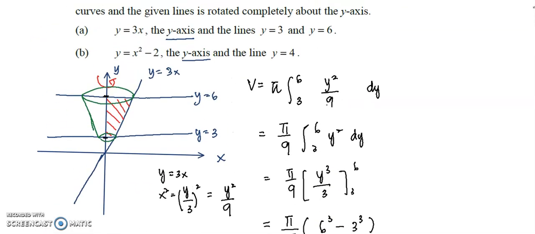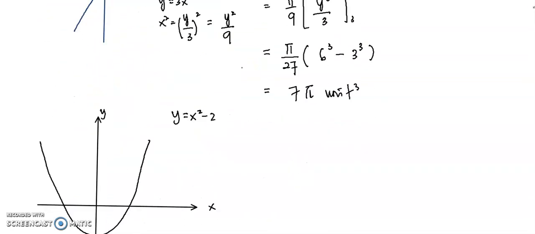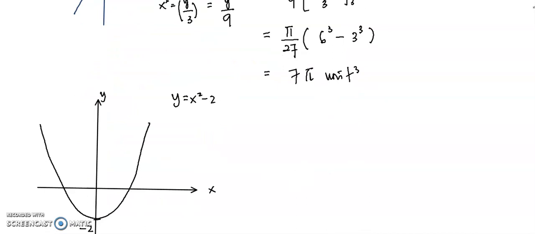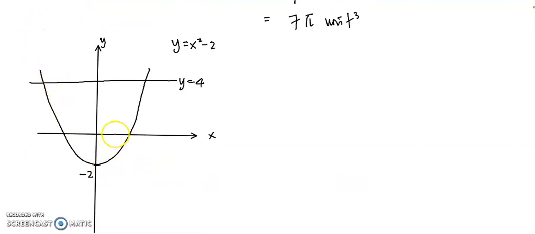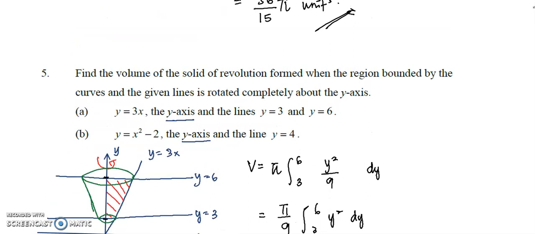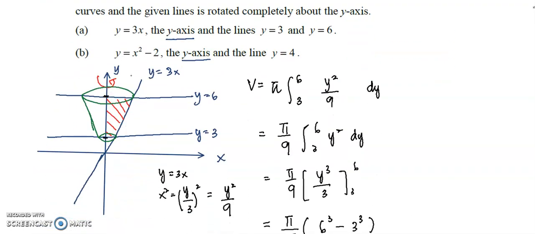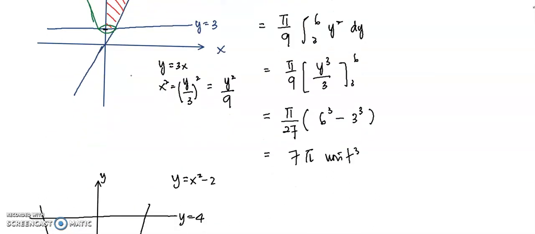Now you have the region which is bounded by this curve, the y-axis and the line y equals 4. So y equals 4, you can have it here. Now the region will be bounded by this curve, the y-axis and y equals 4.